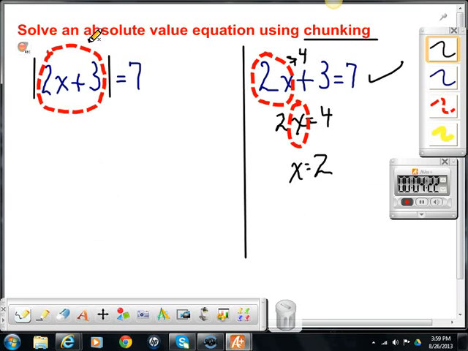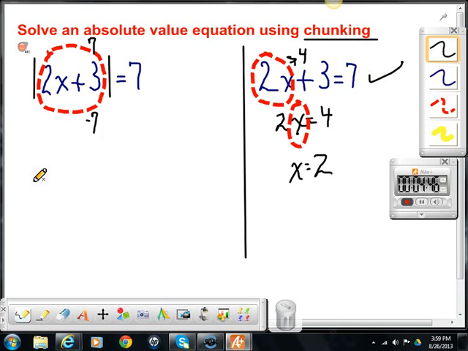So our chunk could be 7 because the absolute value of 7 is 7. But this is interesting. It can also equal a negative 7 because the absolute value of a negative 7 is 7.